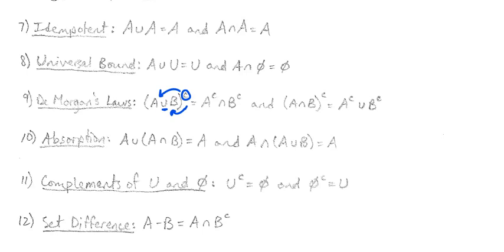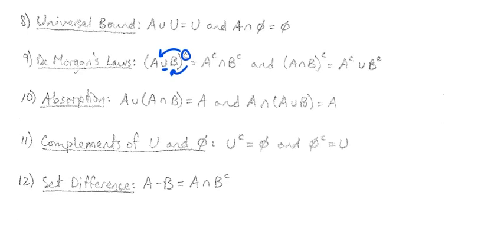The complement of the universal set is the empty set, and the complement of the empty set is the universal set. And then twelve, we have a way to write the set difference in terms of intersections and a complement. A minus B is equal to A intersect B complement.